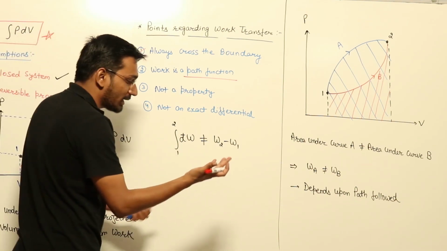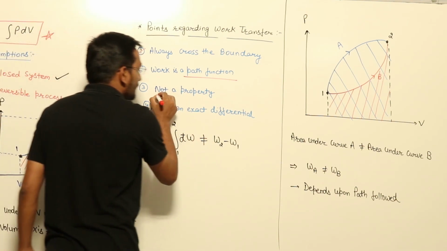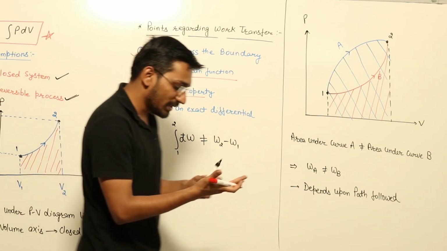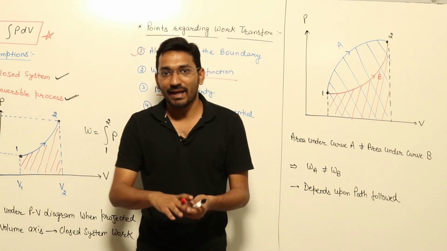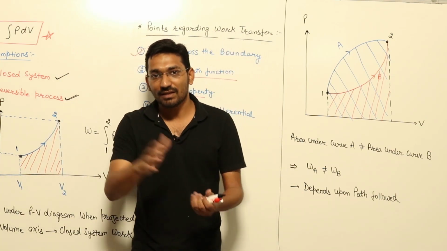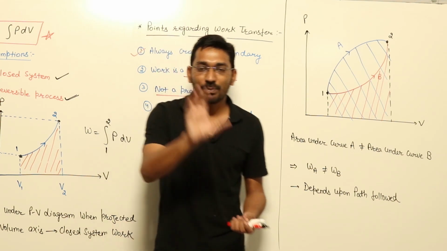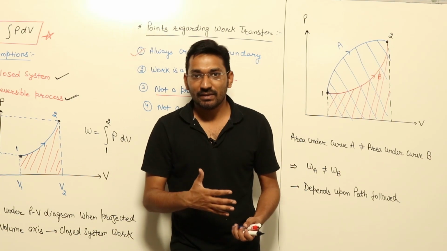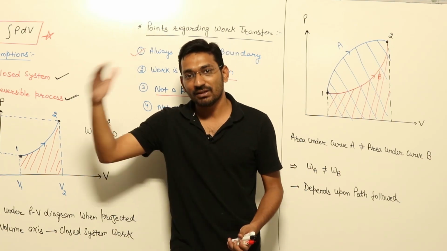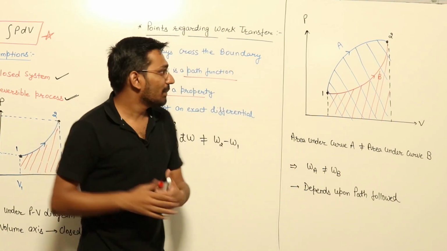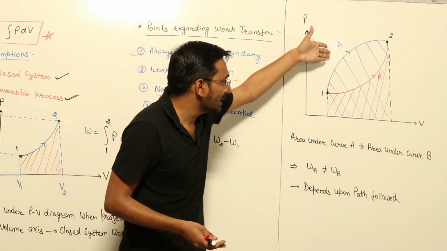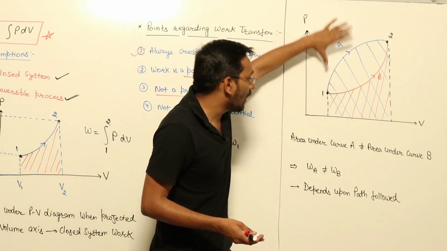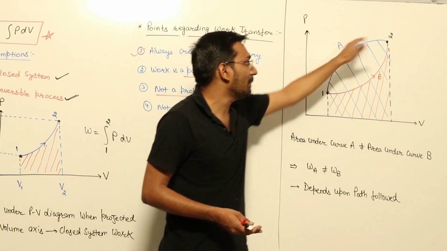If work is not a point function, then work is not a property, because we know that properties like temperature and pressure are properties of a system. Properties depend upon the initial and final points. They do not depend upon the path which the process followed. But work is not a point function, work depends upon the path.